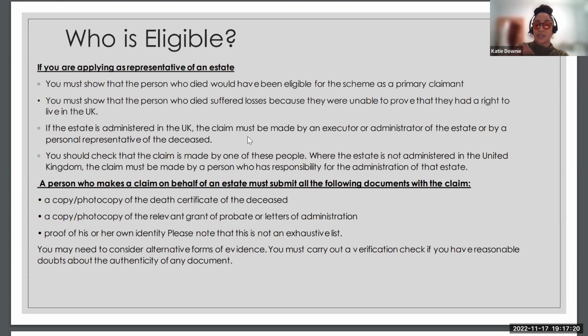So if there's a sibling group of 4 and you make an application on behalf of the estate of your parent, one application can only be made for representative of an estate. However, you can all then make your own individual applications under a close family member.